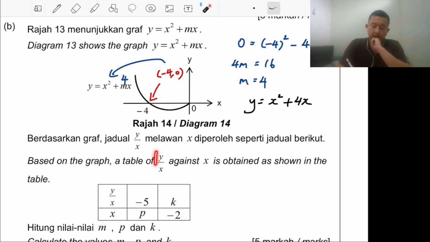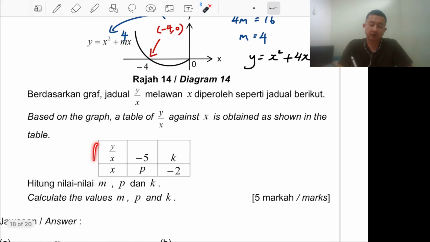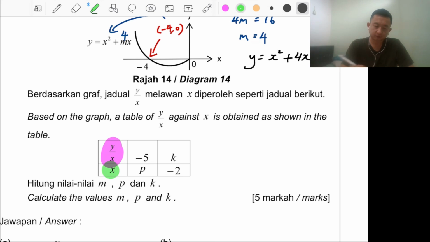By having y over x against x with a new table, we already change this curved line into a straight line. So we have to change this into a straight line equation. How? By knowing that this is your capital Y and this is your capital X. So in order to have the capital Y of y over x, you divide the whole thing by x.